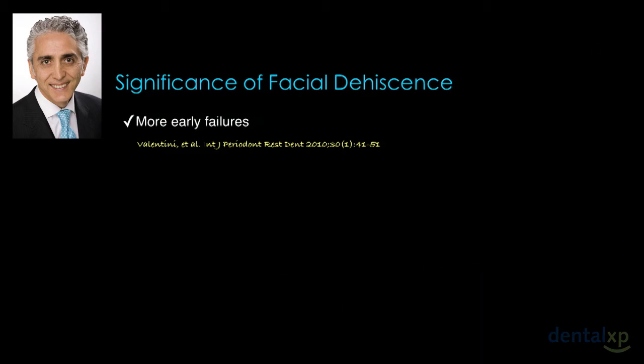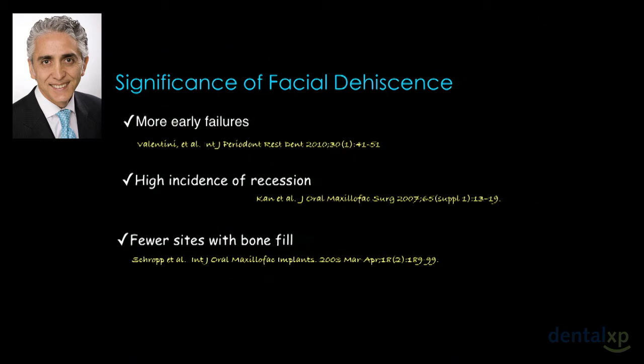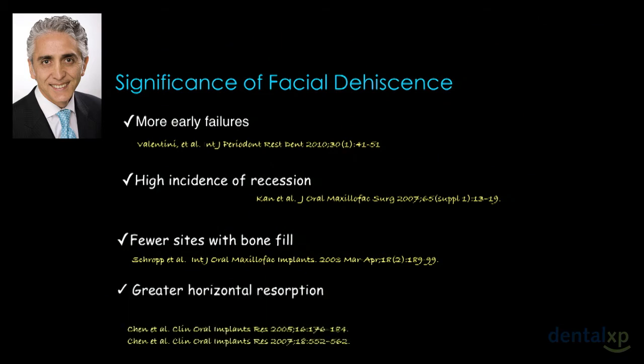So there's also studies from Pascal Valentini, which describe more failures in cases that had facial dehiscence. And as I said, Joseph Kan's study showed high incidence of recession when there was a facial dehiscence, fewer sites with bone fill, and greater horizontal resorption in those cases that have facial dehiscence.